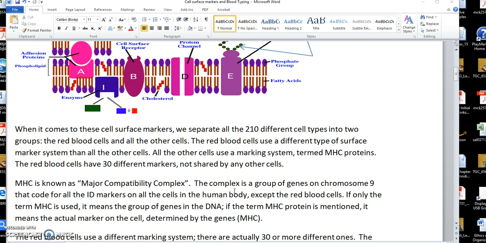When you say the MHC proteins, which you'll see later in this course, that means the actual protein flags, glycoproteins, put on the cell itself. So the MHC determines the MHC proteins, which would go on the cell membrane. Now that will be discussed more in the immune system.